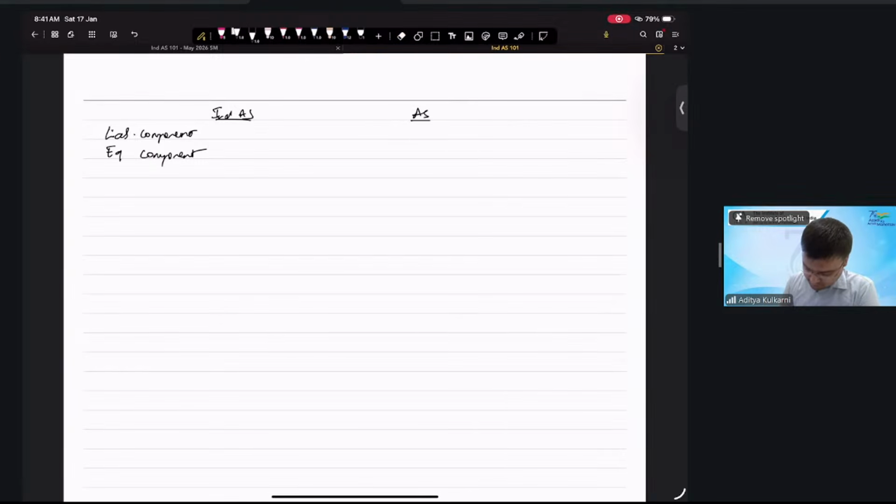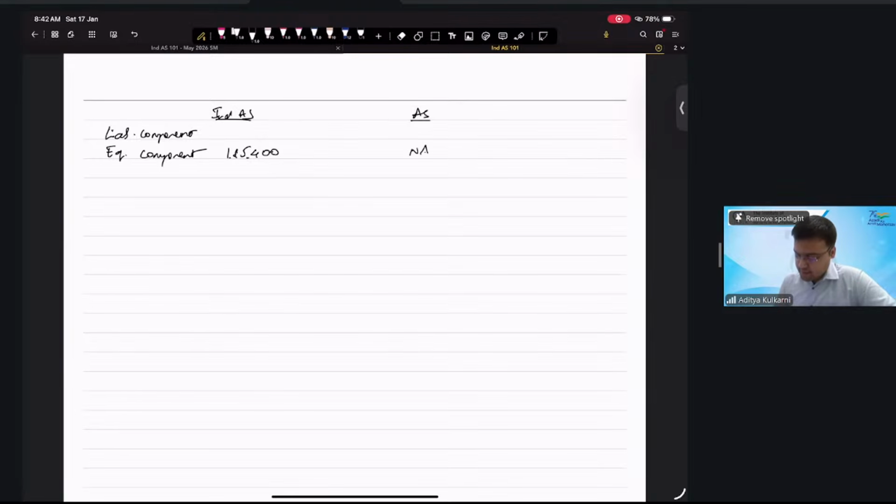So now Ind AS and AS. Equity component. What is my equity component? 1,85,400, correct?